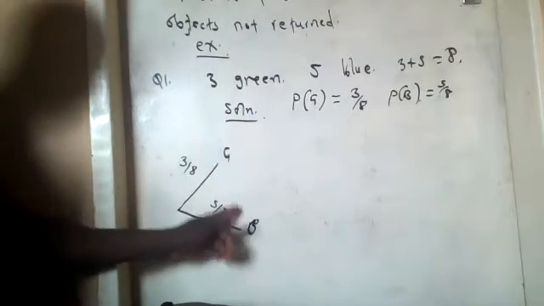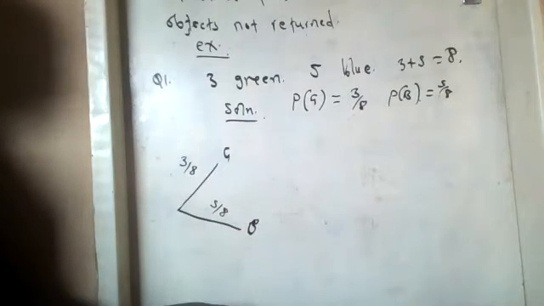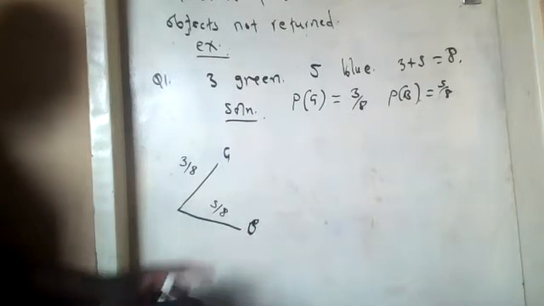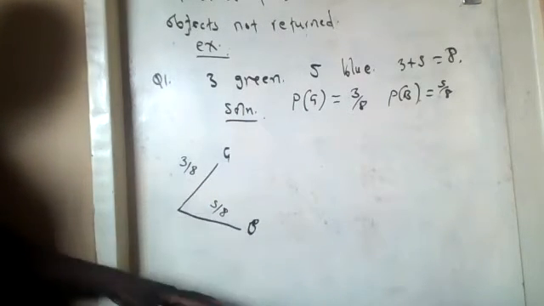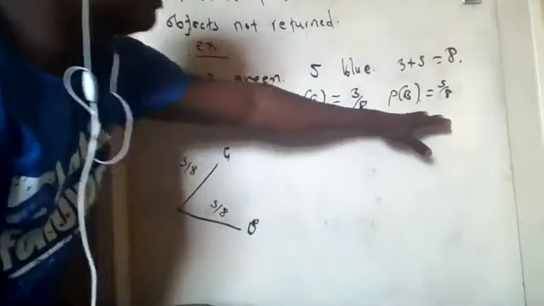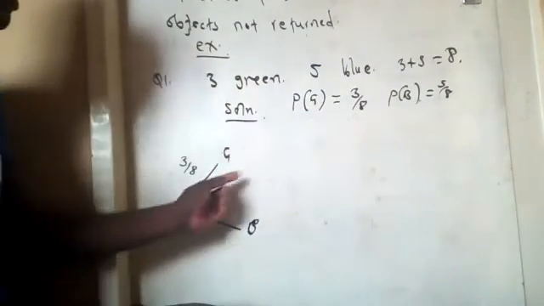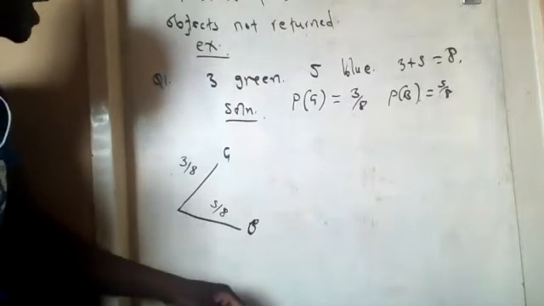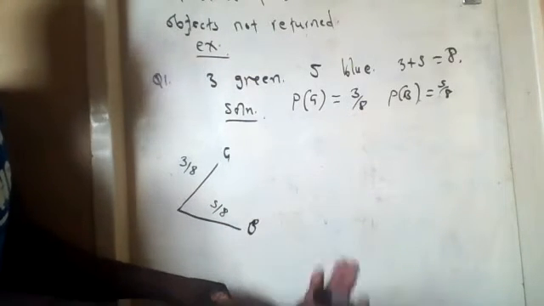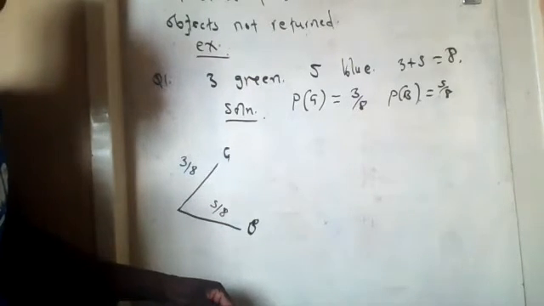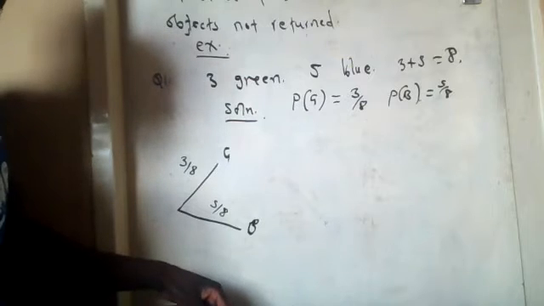This is your tree diagram. Having allocated the branches, the branches are allocated before any of the discs was picked. Now, after the first branches are done, we are told that 2 were picked at random, one after the other. They were not replaced.